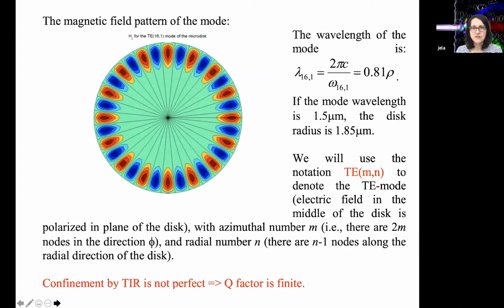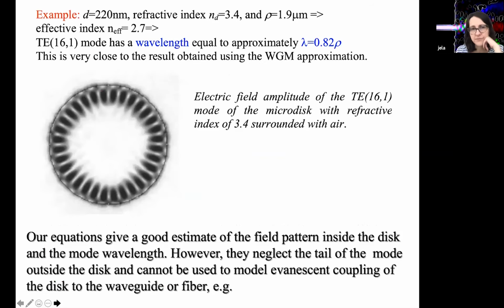We'll also see some applications of these disks and rings, which are the same thing, just with the central part etched out, in modulators and other types of practical systems. Okay, thanks. Let's make a brief break now.